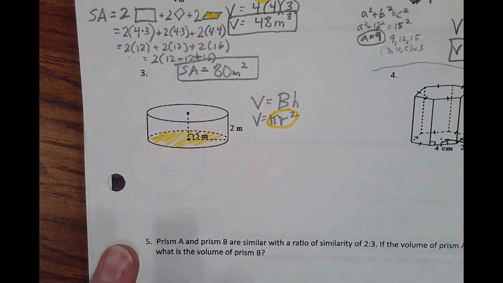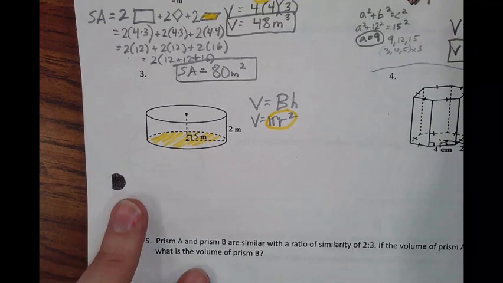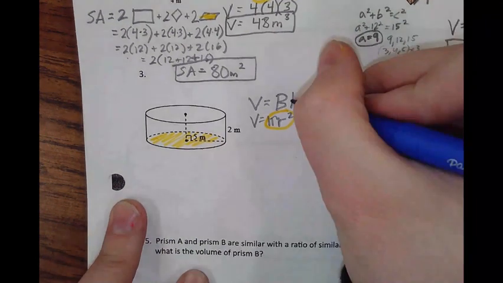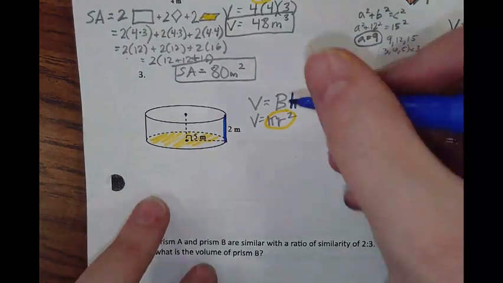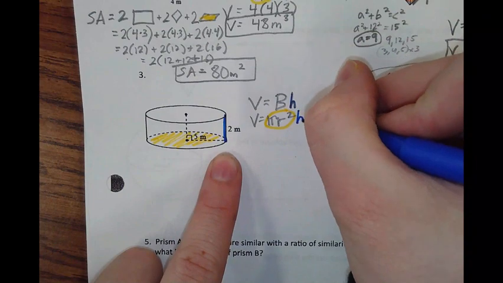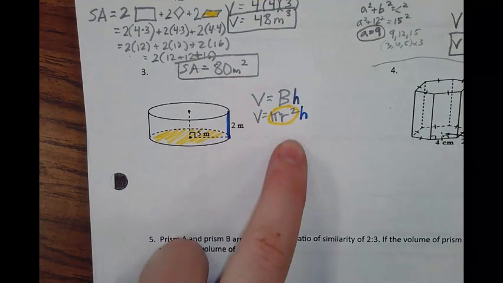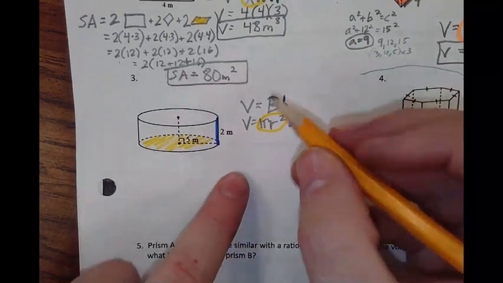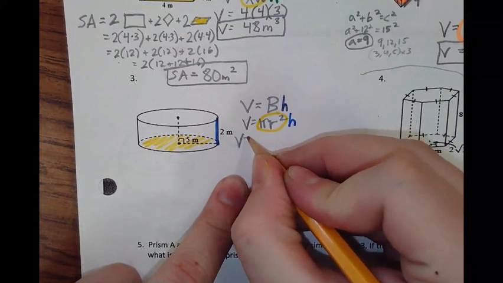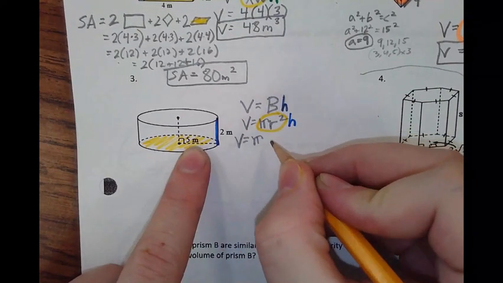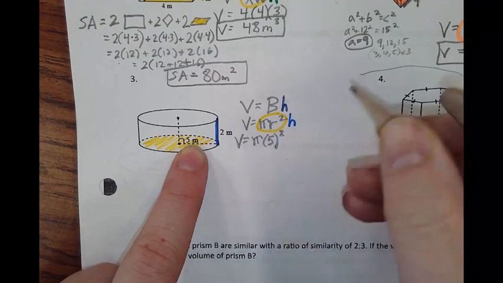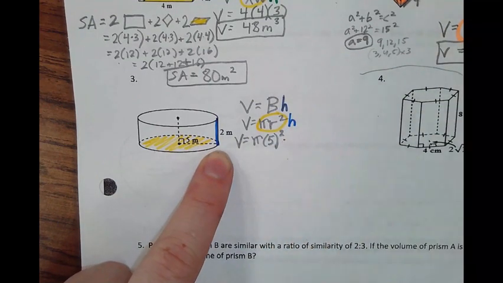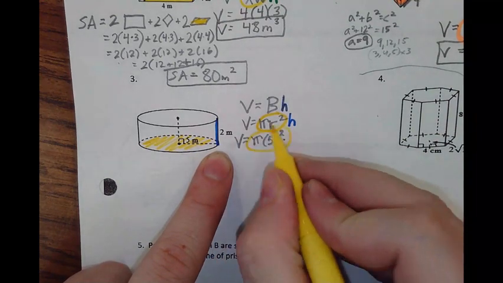And the height, I know the height of the stack is h, which is 2. So all we really need is the radius and the height. So we're going to go ahead and multiply pi times the radius, which appears to be 5 meters, squared, and multiply that by the height.